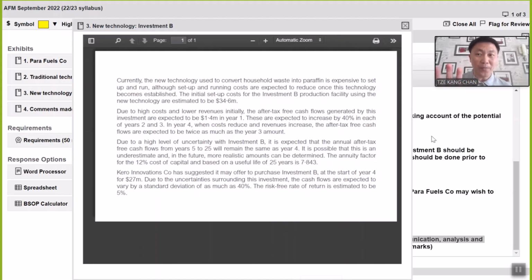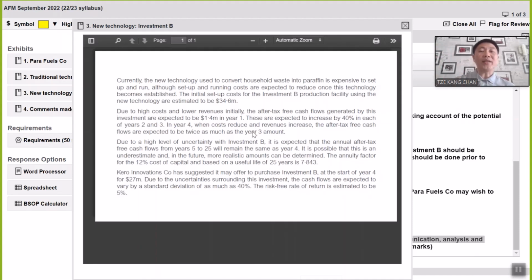In general, what it is trying to say is that should the company take on investment B, it will require an initial setup cost, equivalent to an initial investment of $34.6 million. It comes with a range of after-tax free cash flows, or net cash flows, that are already estimated for us, starting with year 1 worth $1.4 million, followed by estimated changes in the cash flow in year 2, year 3, as well as year 4.